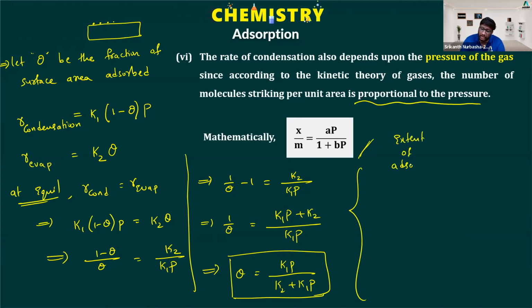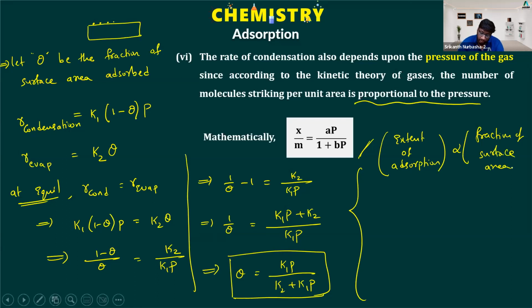Extent of adsorption, whatever we are talking about, should be directly proportional to the fraction of surface area adsorbed. That means x by m should be proportional to theta. So I can write x by m is equal to some constant k3 into theta.